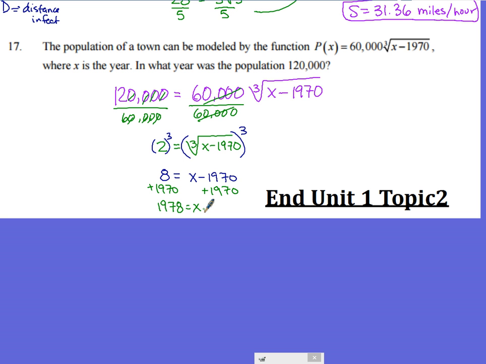So what was the original question? x is the year. So in what year was the population that? In 1978, the population was 120,000.